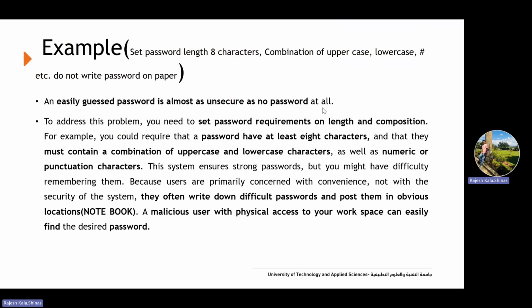But by mistake, they will write the password so that they will not forget it. They write it on a notepad or sticky pad and put it on the table, and they go. Whoever comes next will see that password and can easily enter the account. So don't do that. Do not write it on paper or keep it somewhere. Just remember your password.